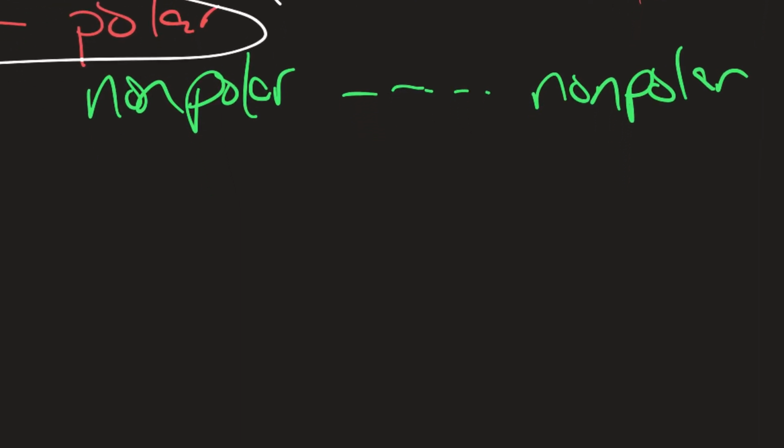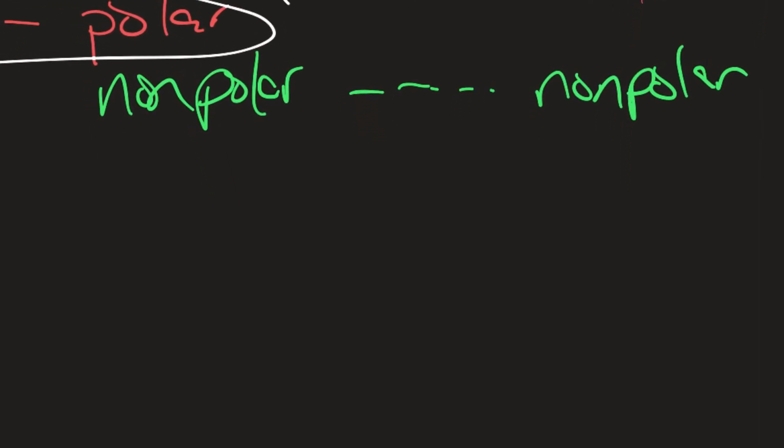If you had two nonpolar molecules, for example C8H18, it could easily be mixed and dissolve into something like C6H14. So this is octane dissolving or interacting with hexane, and these two substances will dissolve into one another.